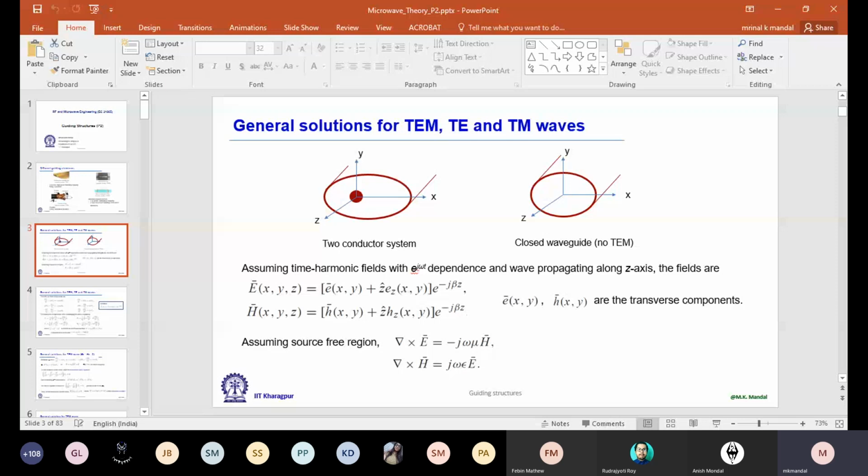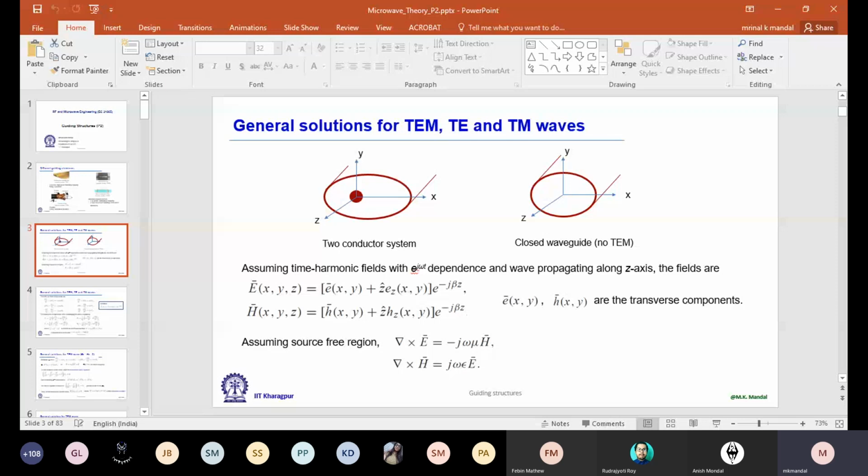Similarly, for the magnetic field, h bar, which is a function of x, y, and the component which is propagating in the z direction is separated and separately written as z cap E z, a function of x, y, and we have the propagation factor e to the power minus j beta z.